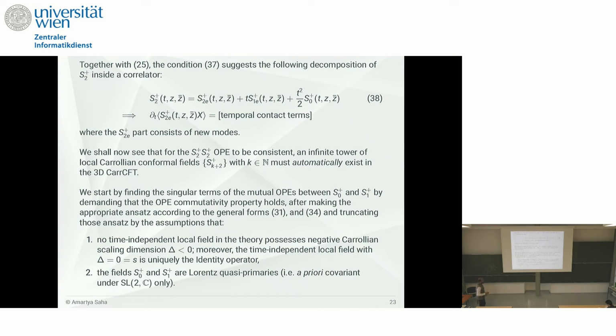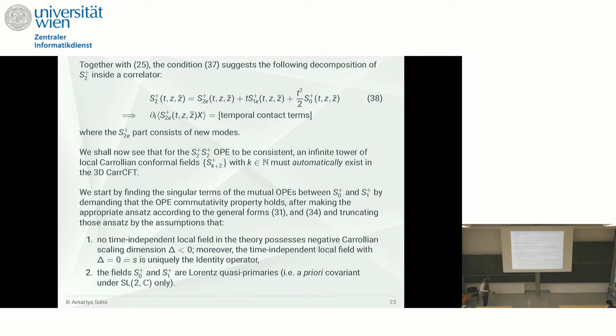Yeah, so how to construct these OPs directly from symmetry principles. What is interesting for our purpose is to find the singular terms of the mutual OPs of S2 plus with S2 plus, and for that we'll need the knowledge of the mutual OP between S0 plus and S1 plus, and I shall fix them by demanding that the OP commutativity property holds.